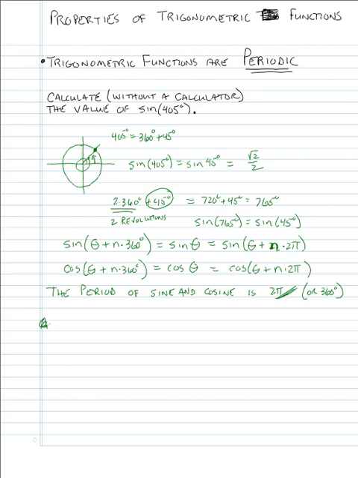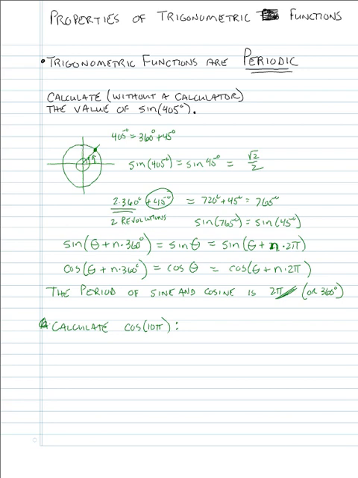So here's the way we would see this put to use. Calculate, without a calculator, the cosine of 10 pi. I have to be honest with you, I probably wouldn't do the problem the way the directions ask us to, because the directions are actually going to say, use the fact that this function is periodic.